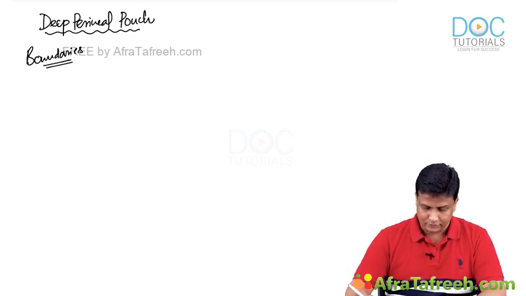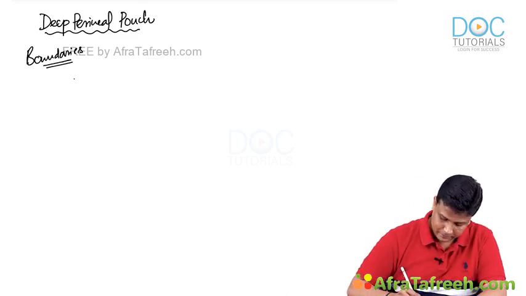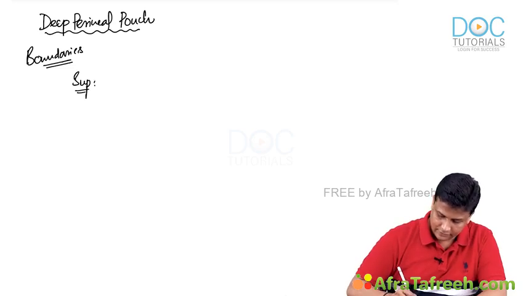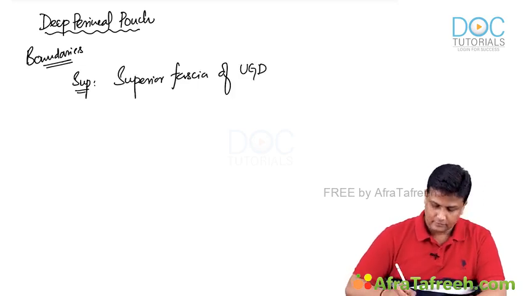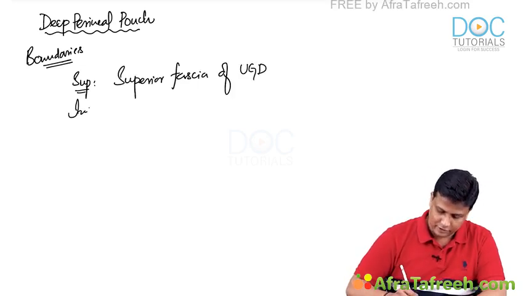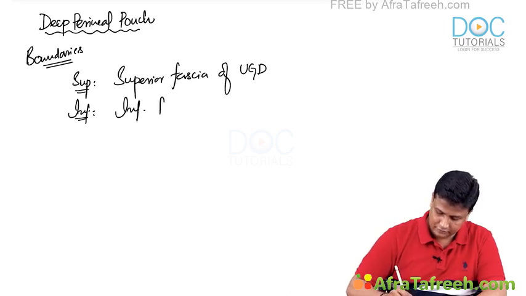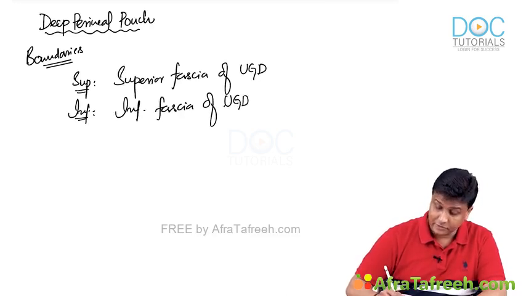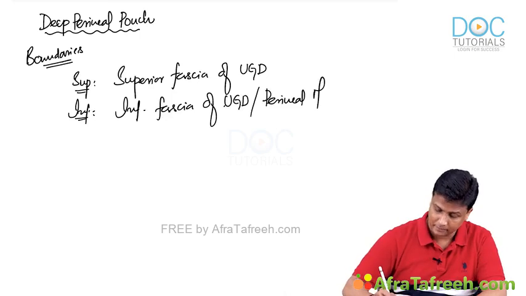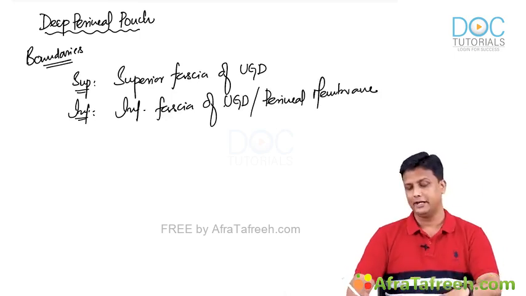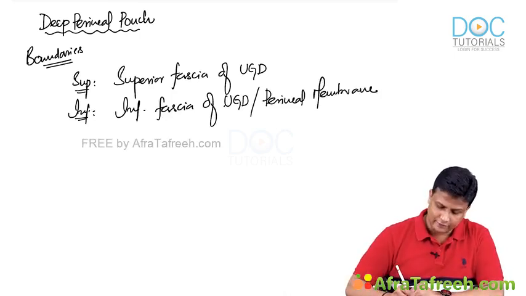Superiorly, you'll be having superior fascia of urogenital diaphragm, and below, inferiorly, you'll be having inferior fascia of urogenital diaphragm. But remember the other name of that one, it is known as perineal membrane. Perineal membrane.